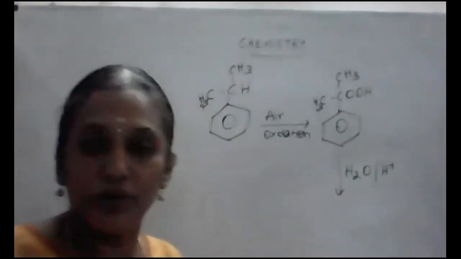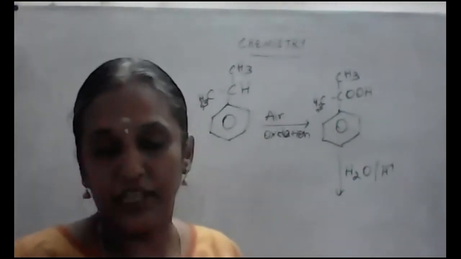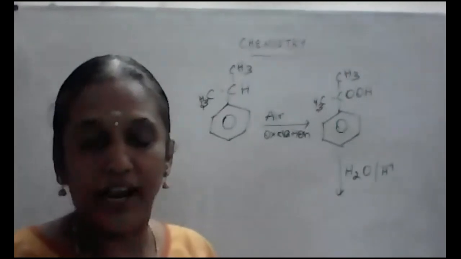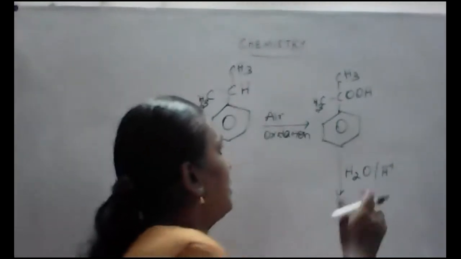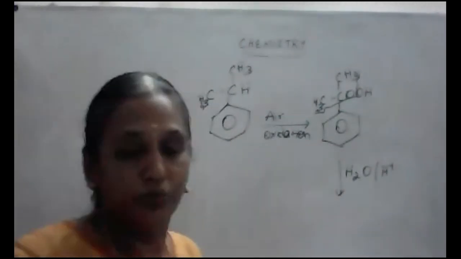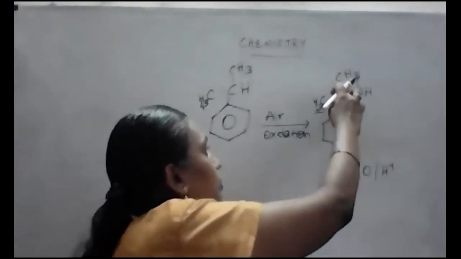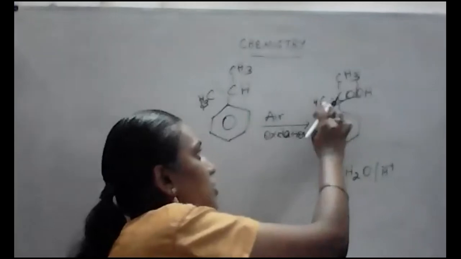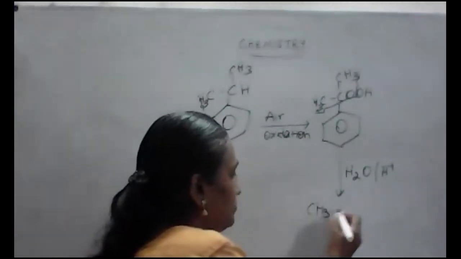What does acid hydrolysis mean? We hydrolyze a compound in the presence of an acid. When it undergoes acid hydrolysis, the compound gets broken into two. Just find out what they are. We have CH3, CO, CH3.